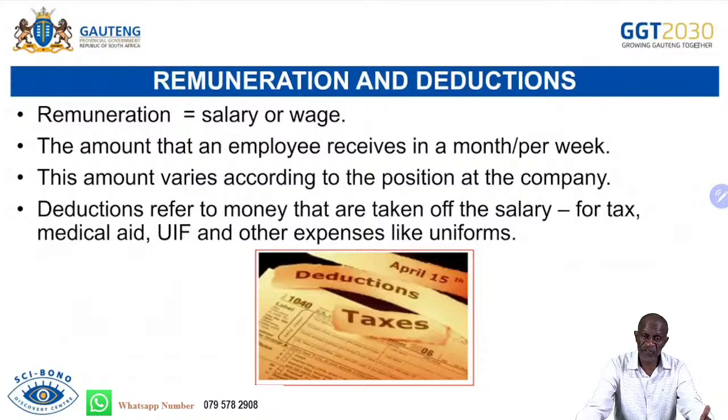The Unemployment Insurance Fund caters for those employees who lose their job, so that during the time which they are jobless, they can get some money that was saved in the form of an unemployment insurance fund, which is UIF. And here it also includes deductions like uniforms. So those are some of the deductions that come out of your remuneration.